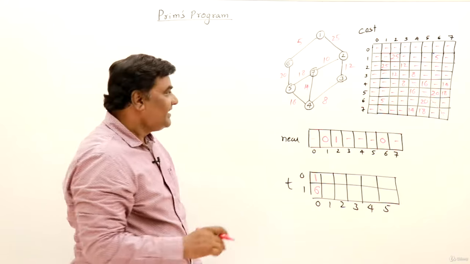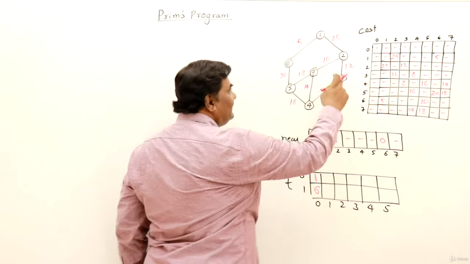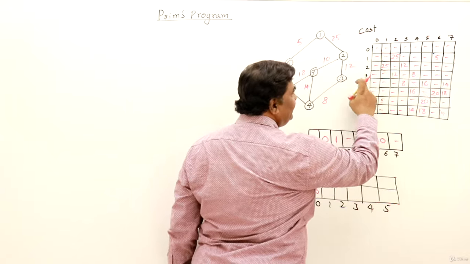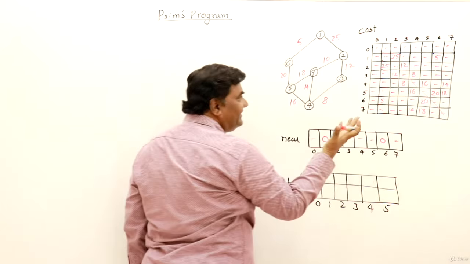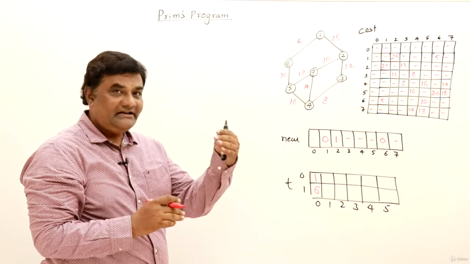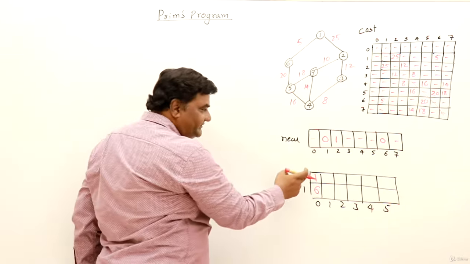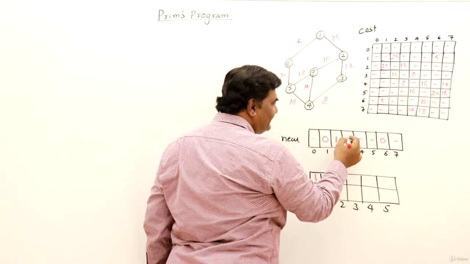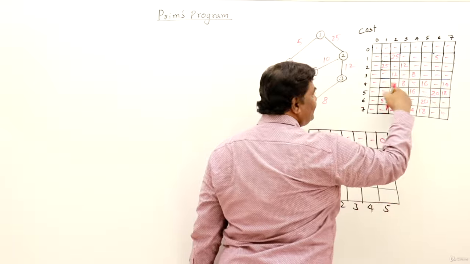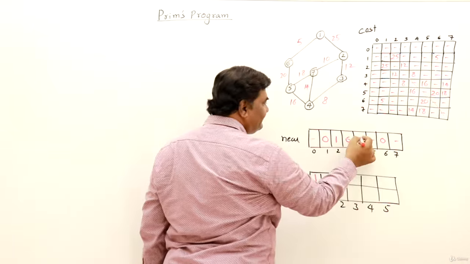Then next, vertex 3. 3 to 1, infinity. 3 to 6, infinity. They are equal only. Both are infinity, so you can write any one. I will take the second one, that is 6, because we are checking 1 and 6. So here I write 6. Then 4 to 1, 4 to 6, both are infinity, so write 6.